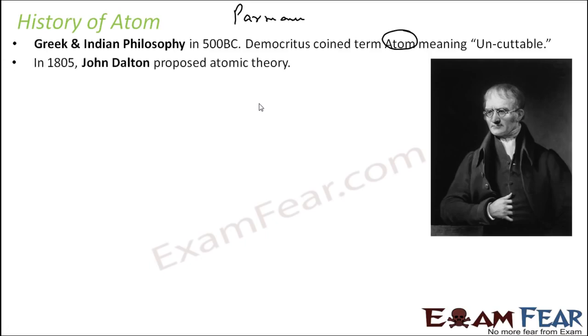In 1805, John Dalton proposed his atomic theory. We studied this theory in the last chapter, and we'll also touch upon it in the next few slides. This theory could explain a lot of things, like the law of conservation of mass and other stuff. But it could not explain the concept which we just saw, that the conductivity of any metal increases with temperature.